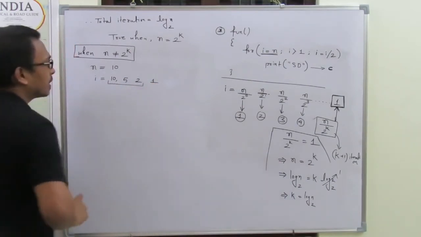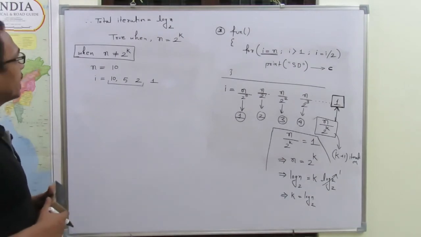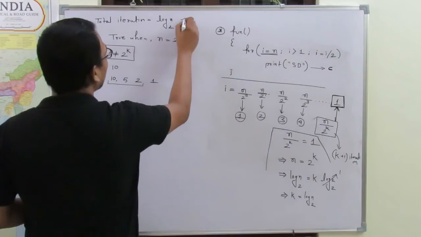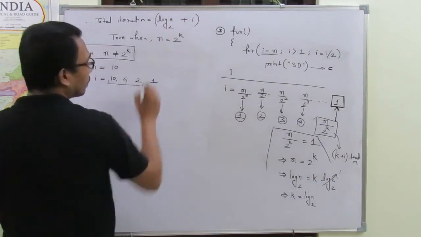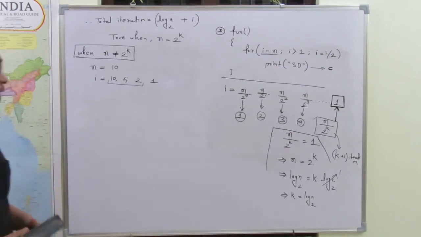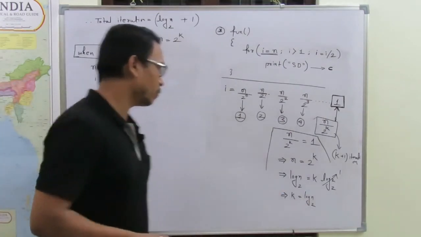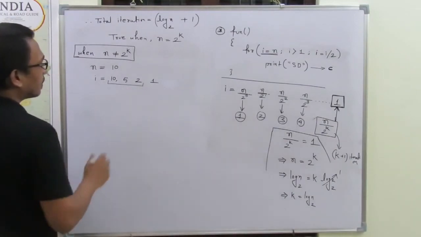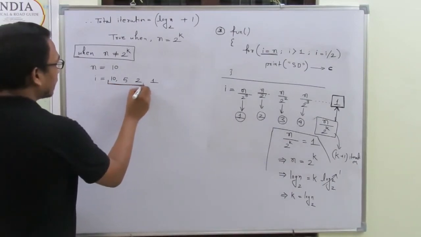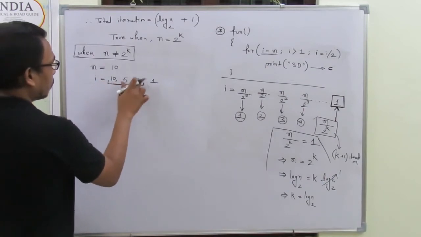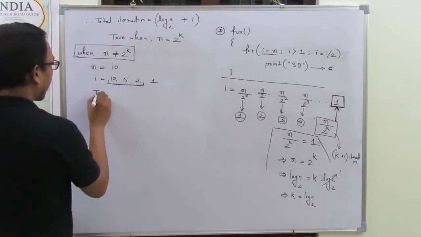Sorry, the total iterations will be this plus 1, because we have k plus 1 iterations, and the value of k is log n base 2. Now look here. What is the total iteration here? Only 10, 5, 2. That means only 3 iterations.